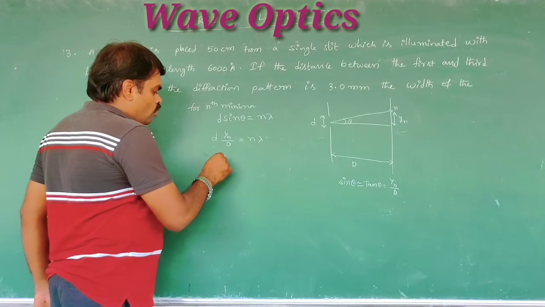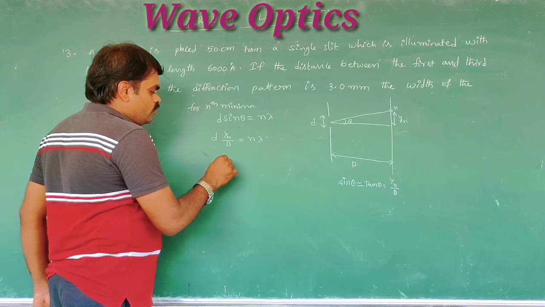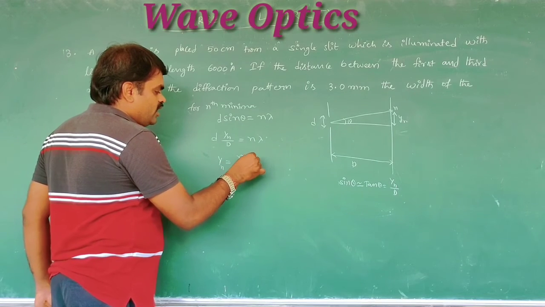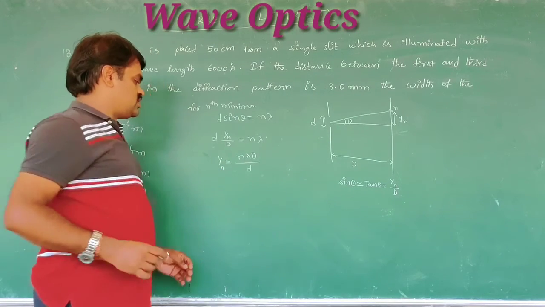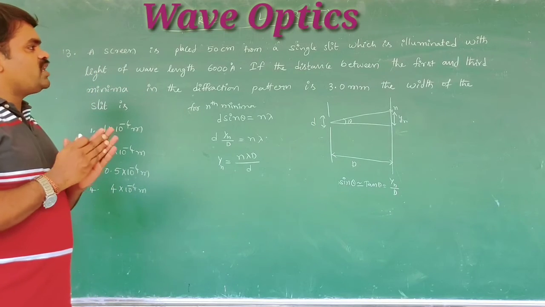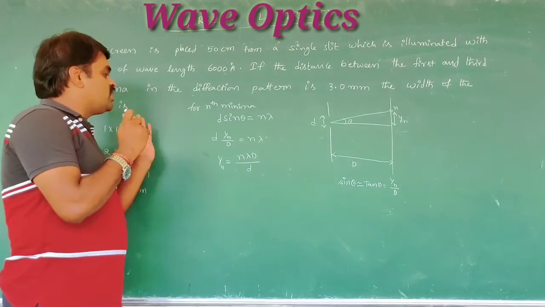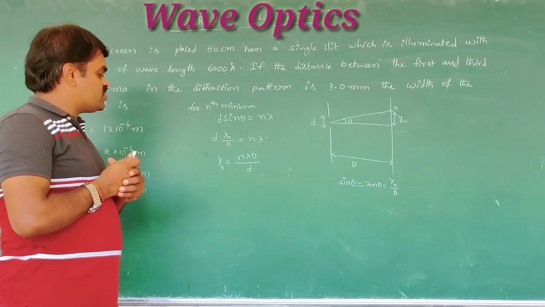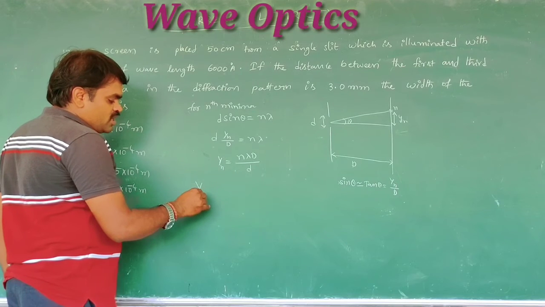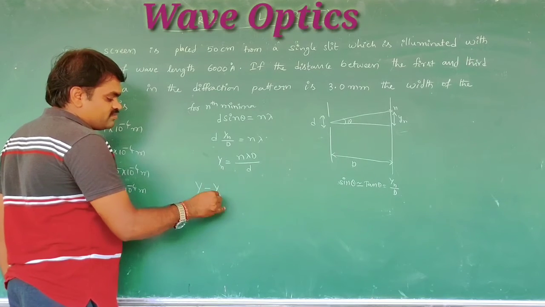Now yn is equal to n lambda D by d. But in the problem they have given the distance between the first minima and third minima, that is, the third minima minus the first minima.